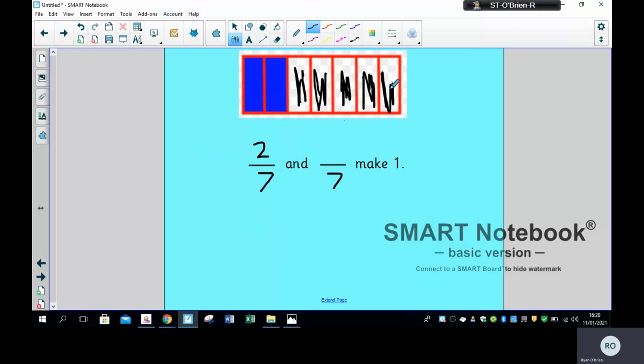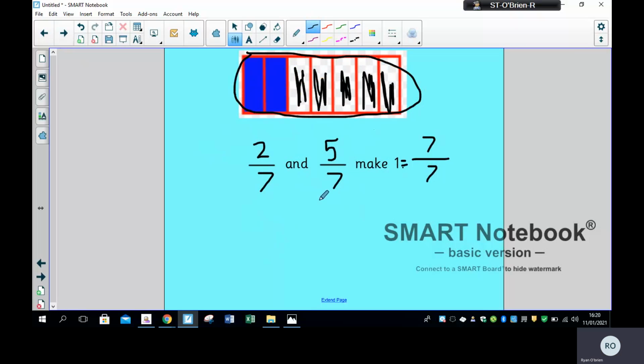So 2/7 needs 5/7. I know that 2 add 5 equals 7, and I know that a whole is 7/7, isn't it? So 2/7 add 5/7 equals 7/7. 2 add 5 equals altogether 7/7, 1 whole.